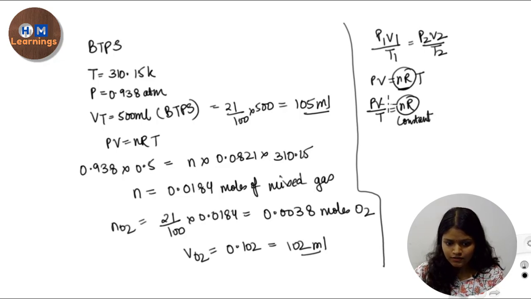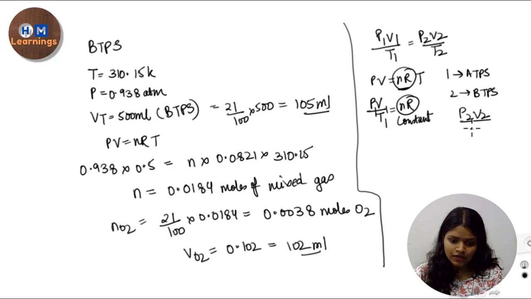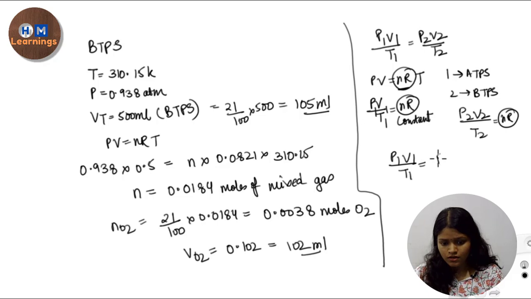Now if these values are for one condition, say 1 is the ATPS condition and 2 is the BTPS condition, for 2 also n and R are constant. So I can equate these and get this equation.